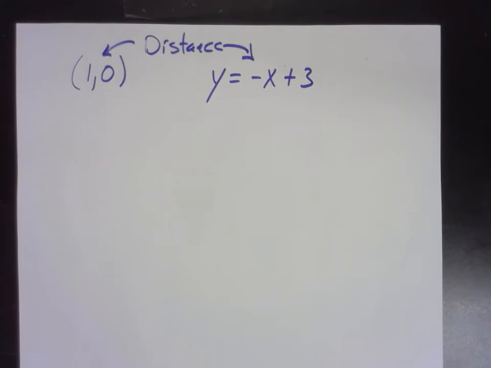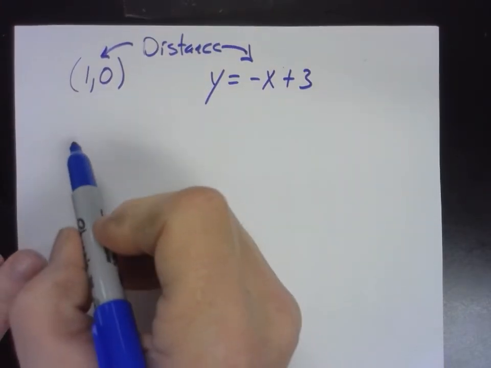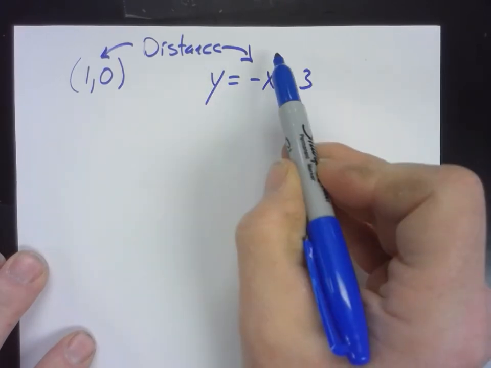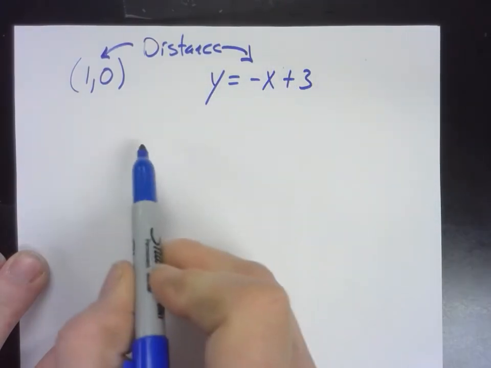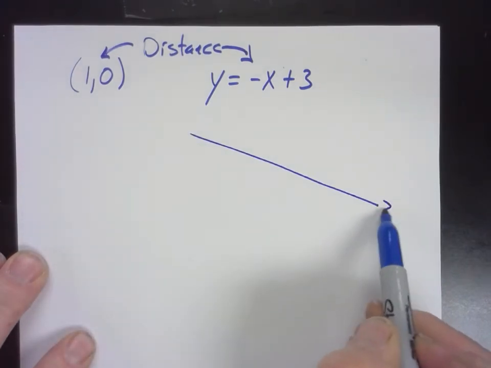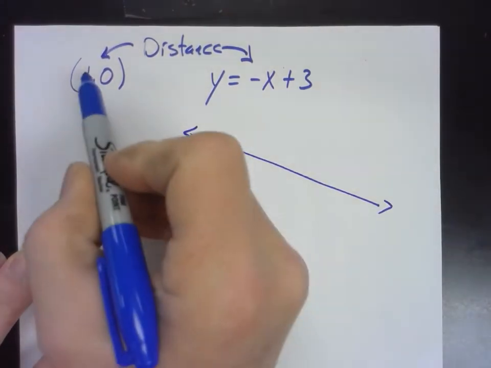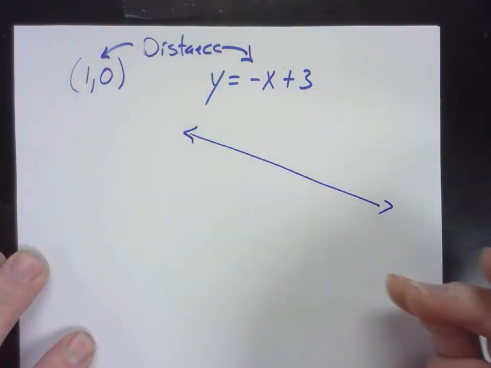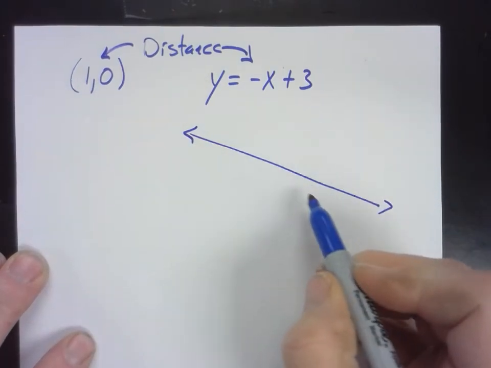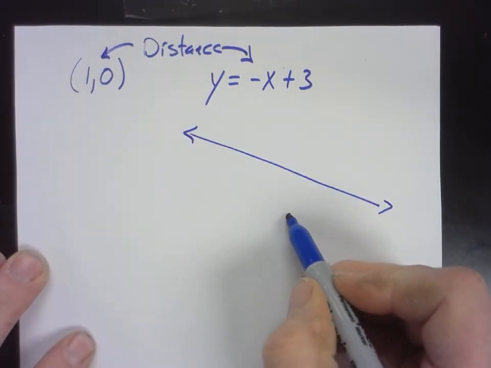Okay. So here's kind of the situation here. So this equation, I suppose it would look something like this. And then we have this point right here, 1, 0, which is over here someplace.